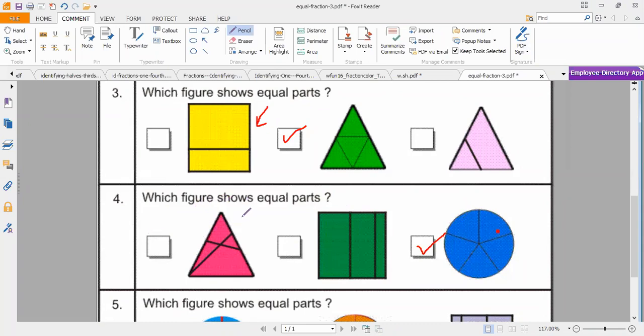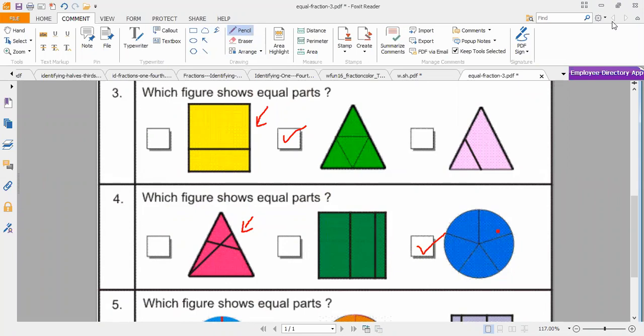Okay, do you know what's the meaning of halves? What's the meaning of halves? Like everything. I know, but what's the meaning of a half? How many parts in the halves?